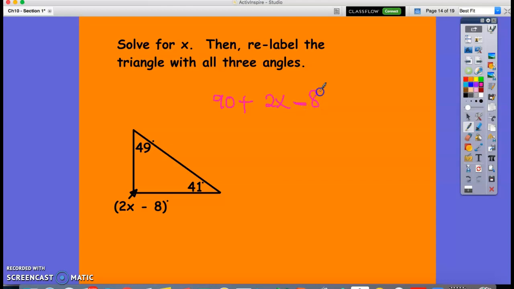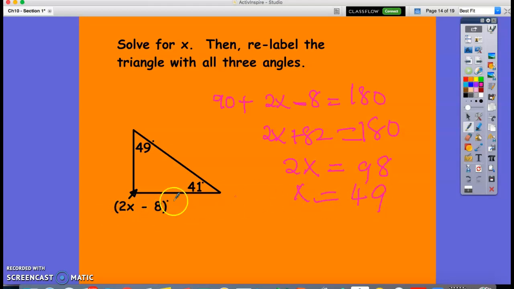You should actually pause the video and then try to solve it. Equal to 180. So 90 minus 8 is 82, plus 82 equals 180. So 2x equals 98, or x equals 49.